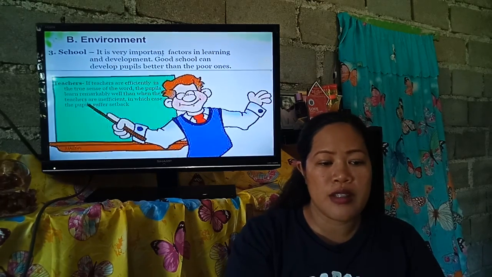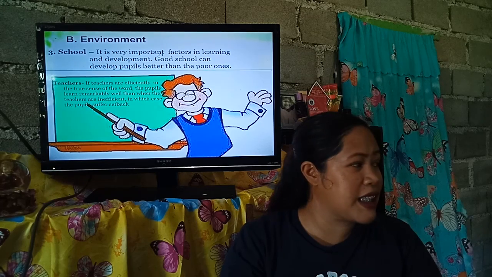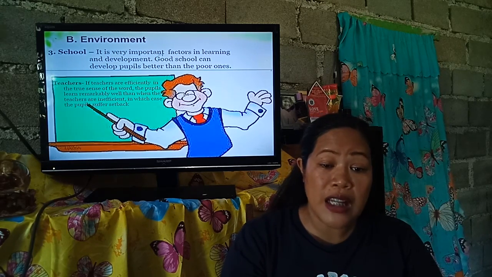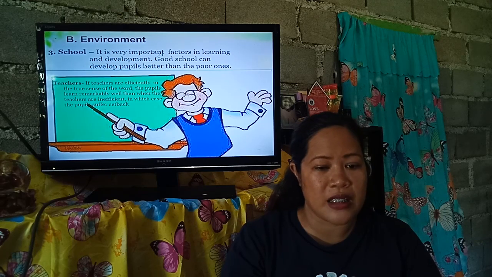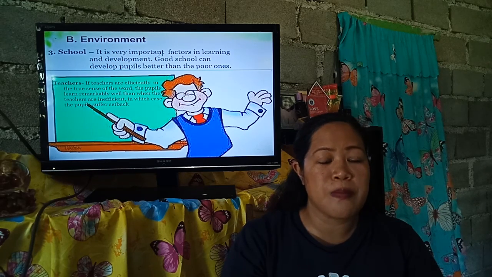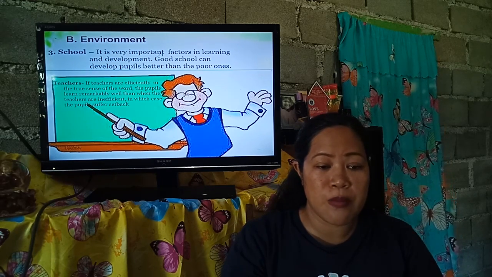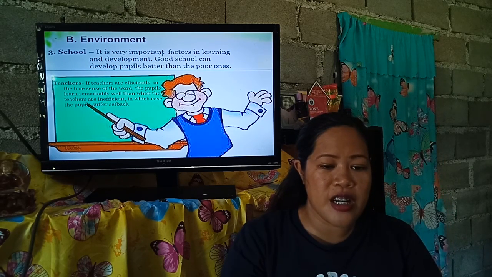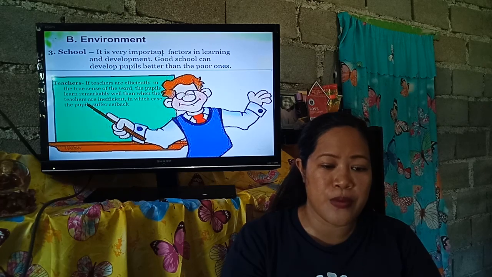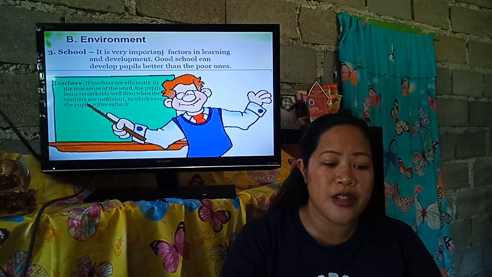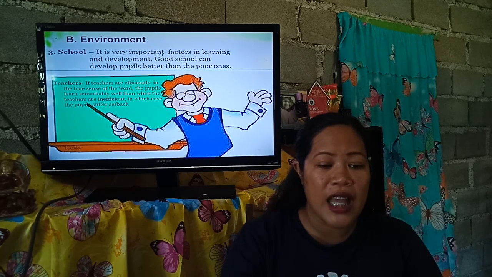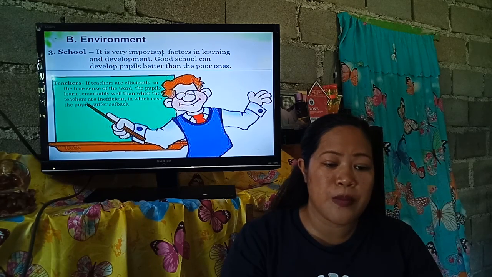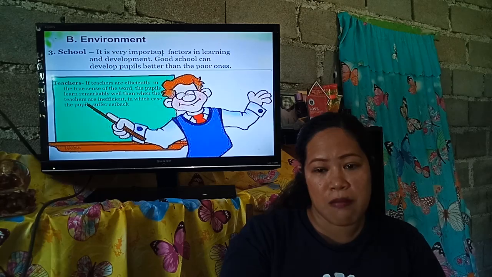We have also here under environment the school. It is a very important factor in learning and development. A good school can develop pupils better than a poor one. If teachers are efficient in the true sense of the word, the pupils learn remarkably well. When teachers are inefficient, the pupils suffer setbacks.